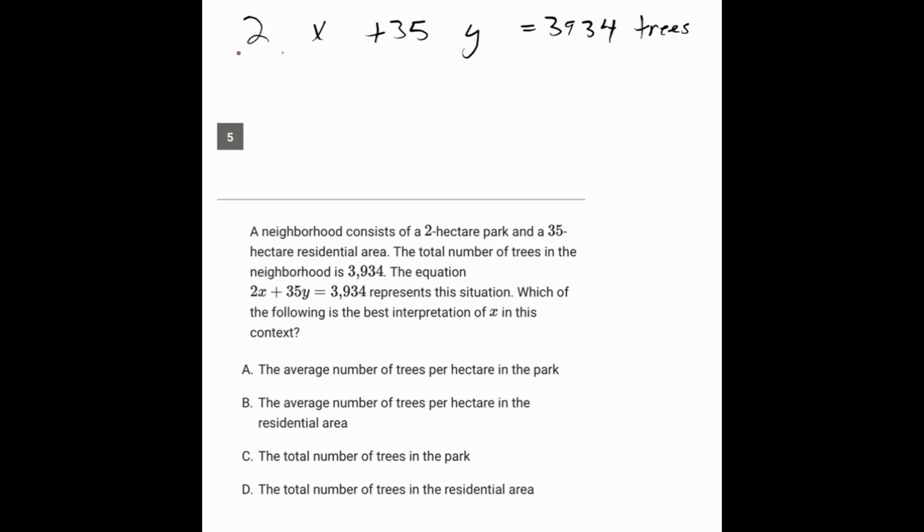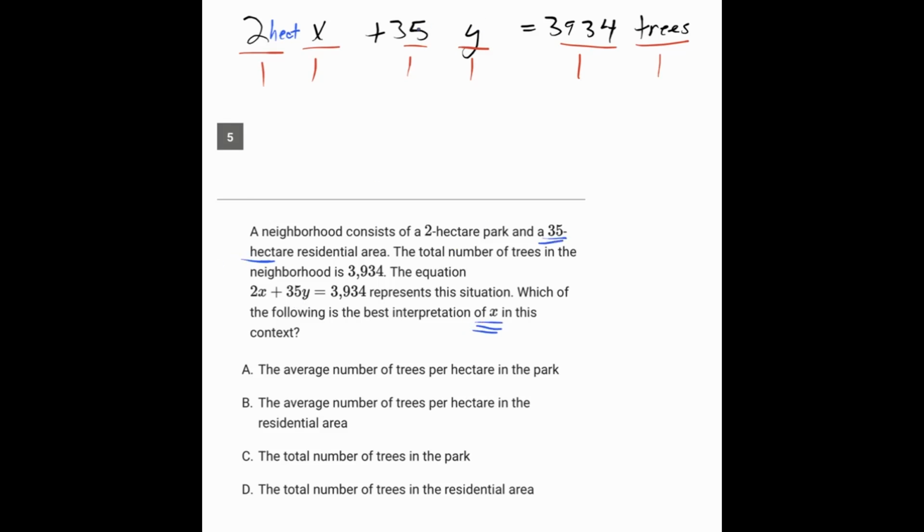Another thing is for all of these, we want to realize that all of these numbers are really themselves over 1. Any number is itself over 1. So we have 3,934 trees. We have 2 as the number of hectares. And we have x as what we're being asked about, so we'll leave that for later.